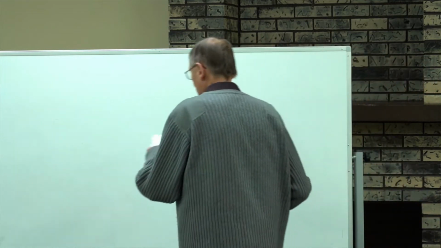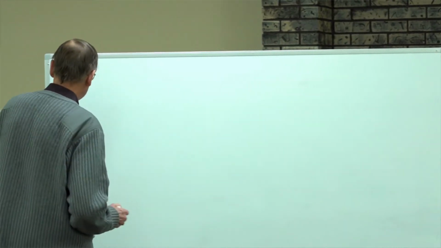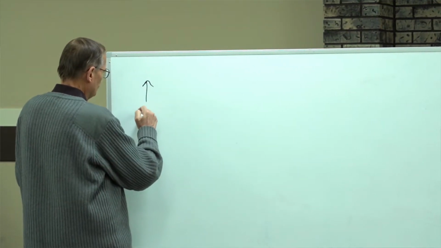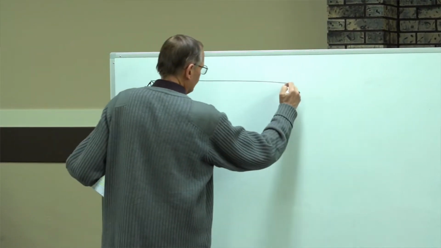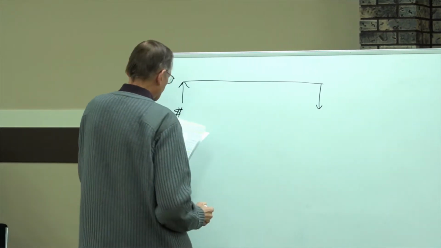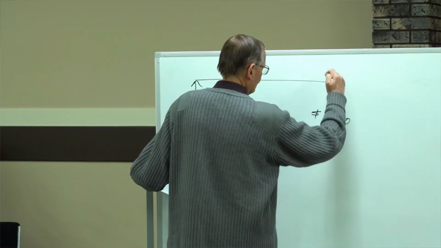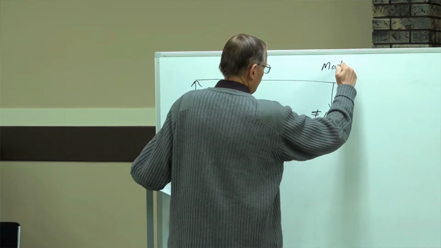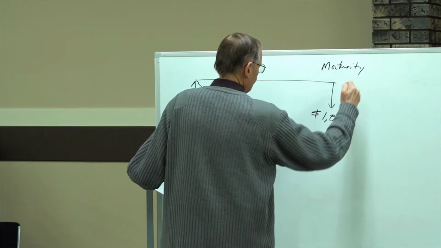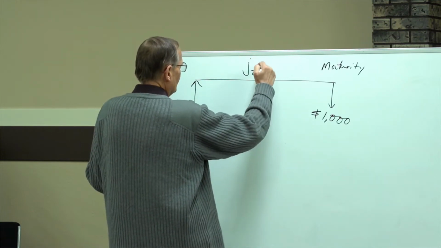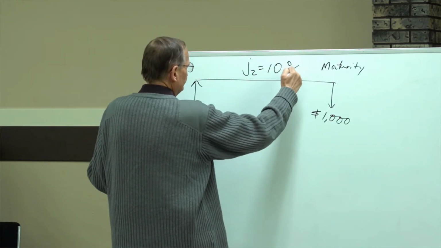So let me draw up a really simple bond where you're putting money in. They're going to pay you back $1,000 at maturity. So this is maturity. The interest rate is J2 equals 10%.